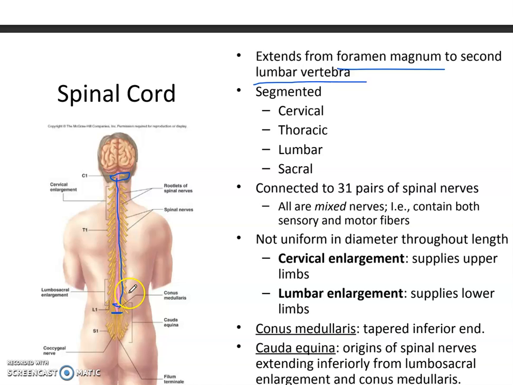And it is segmented into four sections, namely cervical, thoracic, lumbar and sacral. It is connected to 31 pairs of spinal nerves.